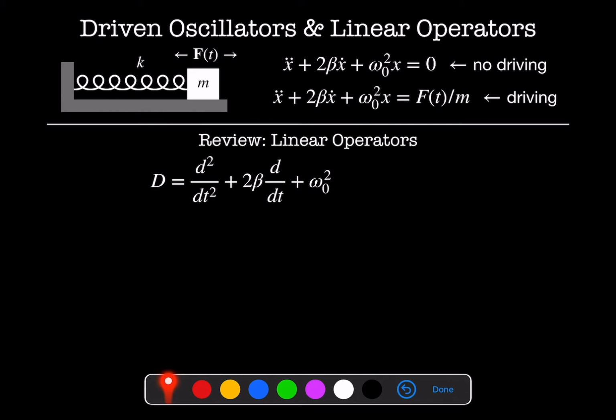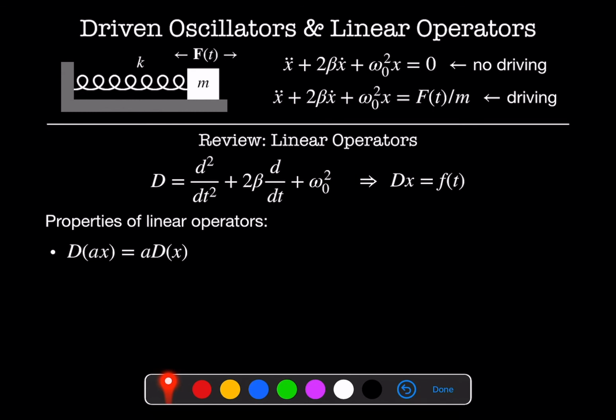And so now I'm taking this D as a function and I'm acting it on my variable x. So what I would write now is D of x is equal to f of t. And so linear operators have some really nice properties, and these are properties that we use time and again in solving different types of physics problems.